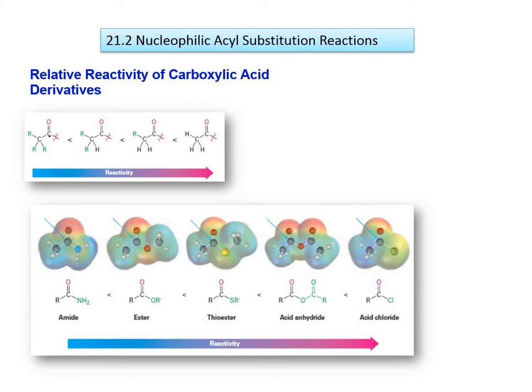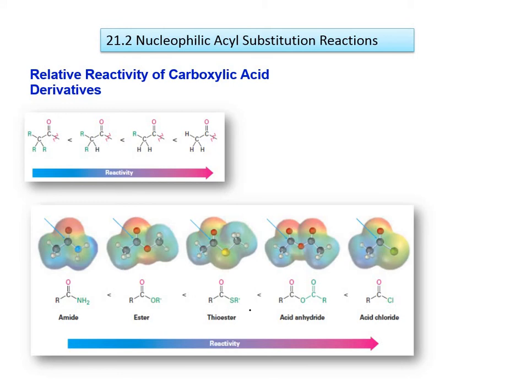It's the same case if you have a carbonyl carbon having an alpha carbon with 3 substituents. This reaction will be the slowest with respect to a carbonyl alpha carbon with 2 substituents, 1 substituent or 0 substituent. Basically this one is going to be the most reactive, this one is going to be the least reactive.